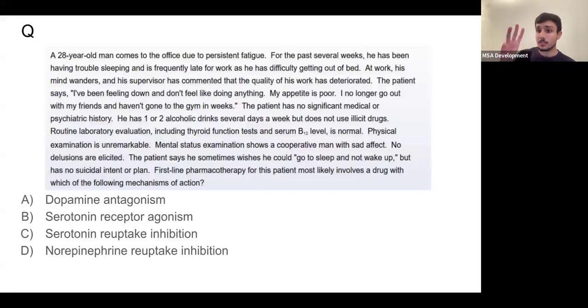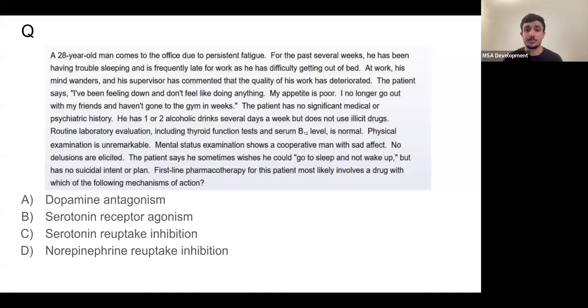And then you have atypical antidepressants like bupropion, mirtazapine, trazodone. These are all atypical, okay? Because they have weird mechanisms of action as well. And then you have others that are less commonly used today, like the tricyclic antidepressants and the MAO inhibitors. These are less commonly used today, unless specific indications are given.